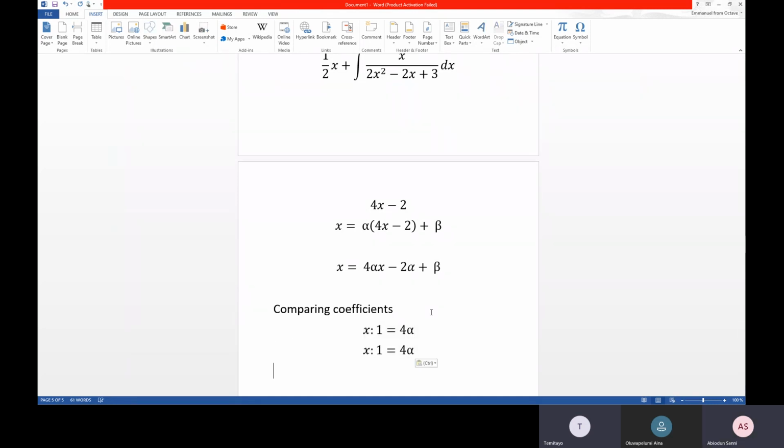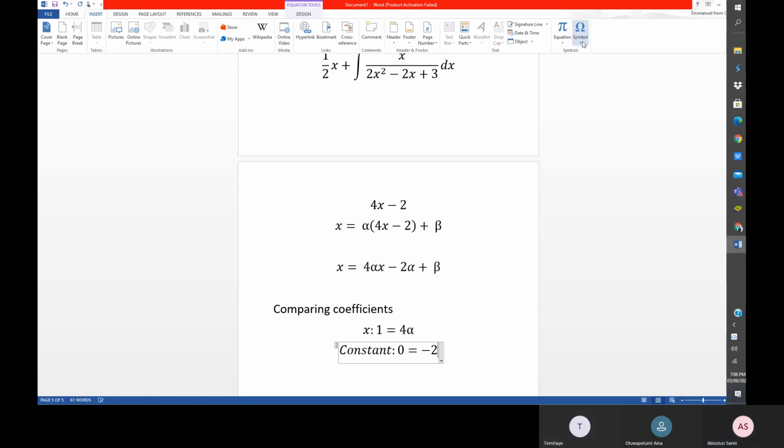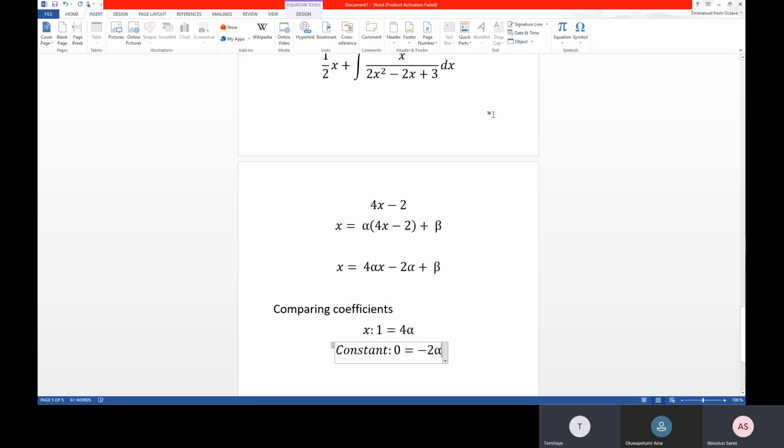Are you with us? Now you want to compare the constant coefficient. At your left hand side, you don't have any constant, so that's 0. What is the constant you have at the right hand side? Minus 2 alpha plus beta.